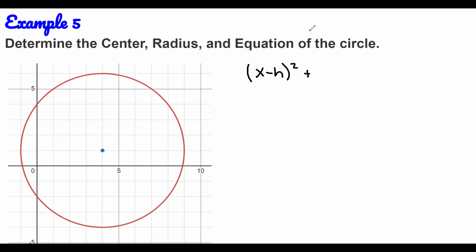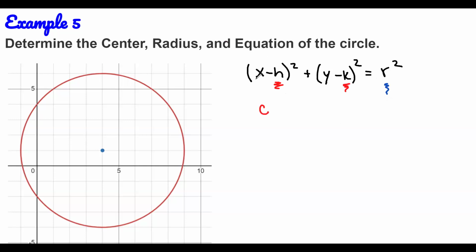But in a circle, we need the h and the k. All right, so again, we need those 3 things. We need the x component of the center, we need the y component of the center, and we need our radius. Kenny, pass it on.